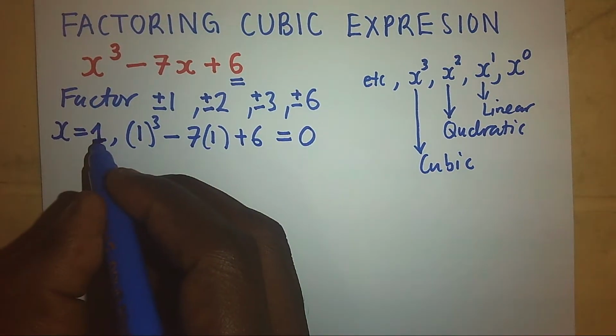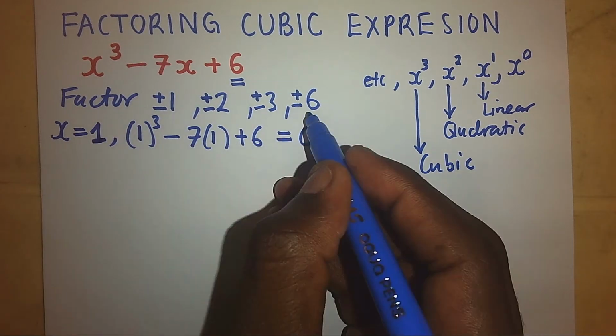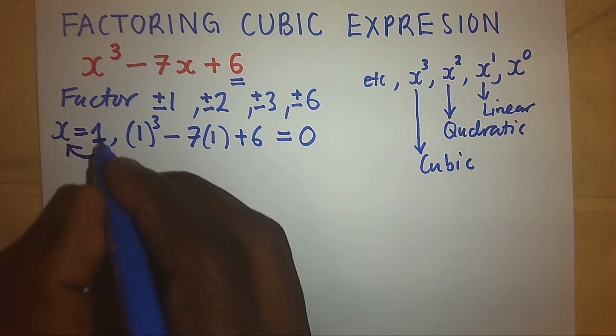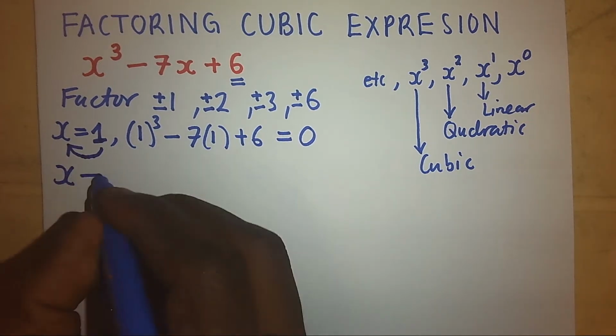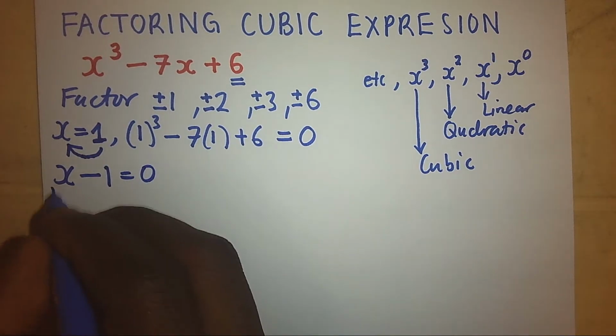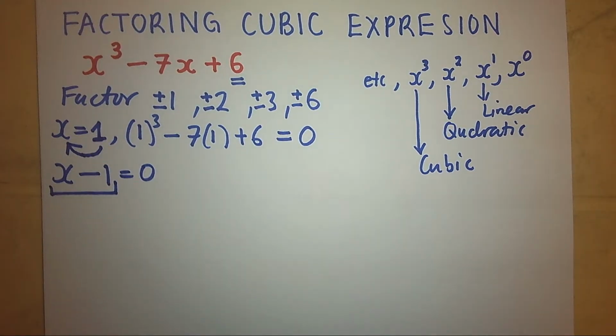I won't continue testing others. Because when I take 1 to the side of x, it will give me x minus 1 is equal to 0. Hence, x minus 1 will be my first factor.